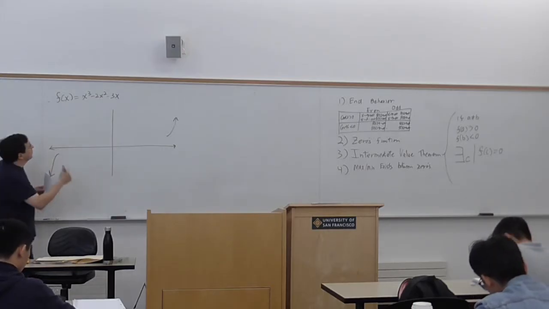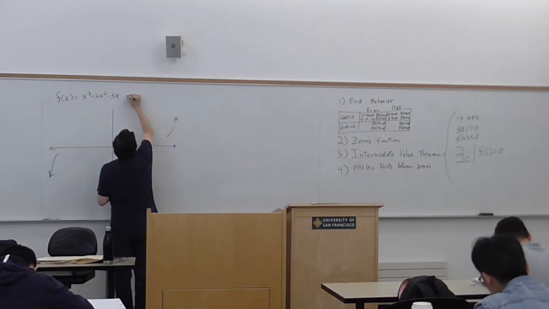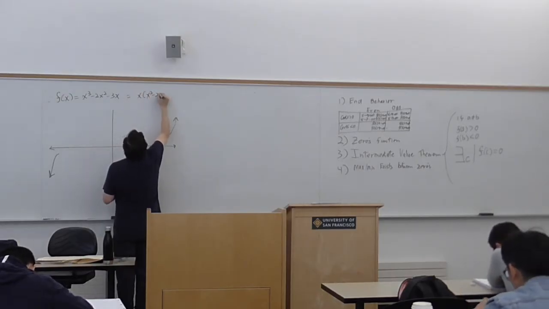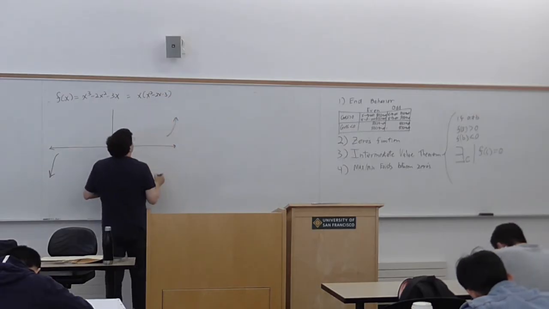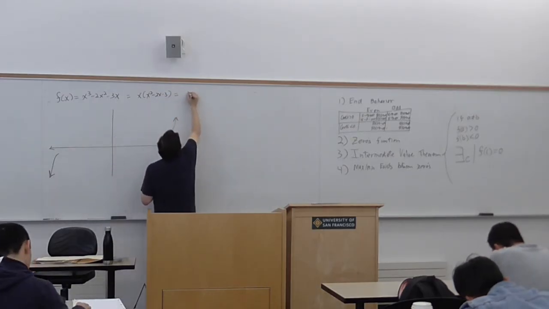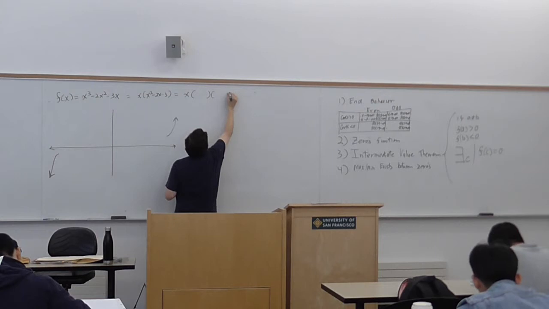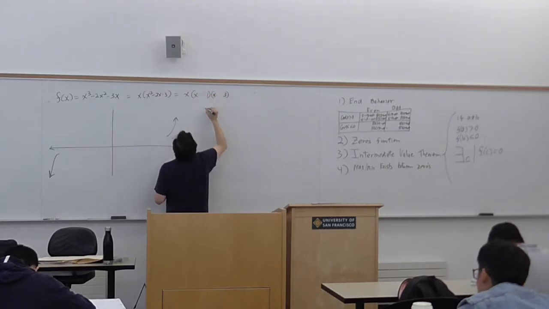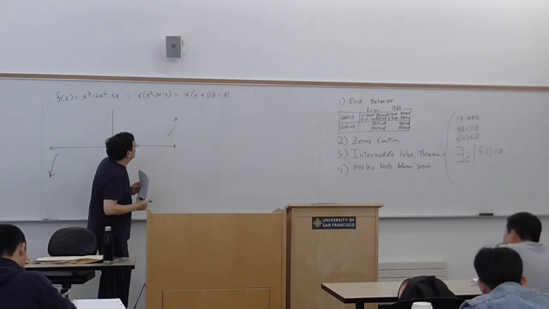Okay. Let's find zeros. This is x times x squared minus 2x minus 3. Which again, because these are made up problems, will factor nicely. 3, 1, minus goes on the 3, and the plus goes on the 1.